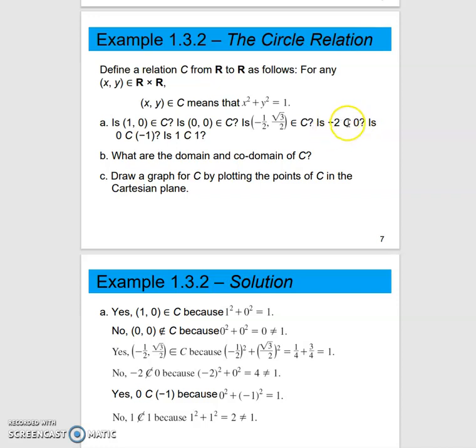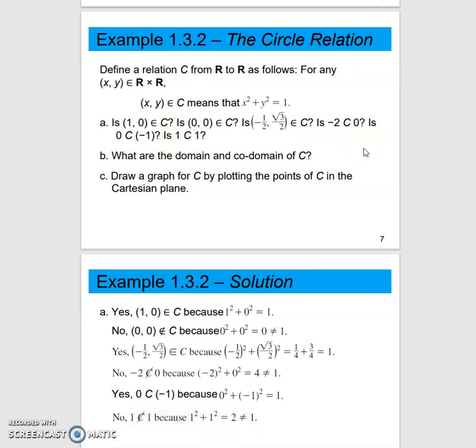Is -2 C 0? That means is (-2,0) in C. If I plug those numbers in, this time it is not a true statement, so I say no. Similarly, is 0 C -1? That one does work out, so yes. And finally, is 1 C 1? I plug it in, that one does not work, so no.